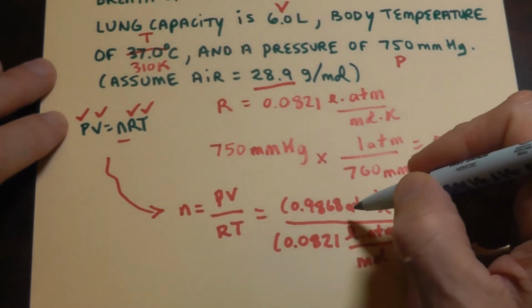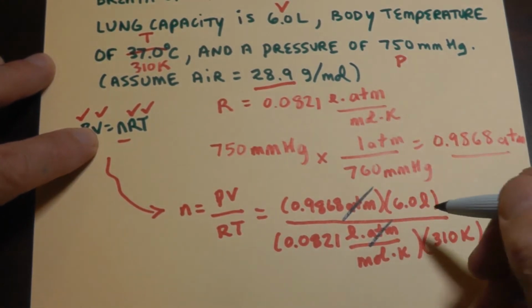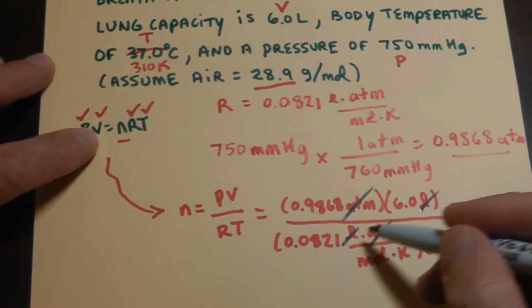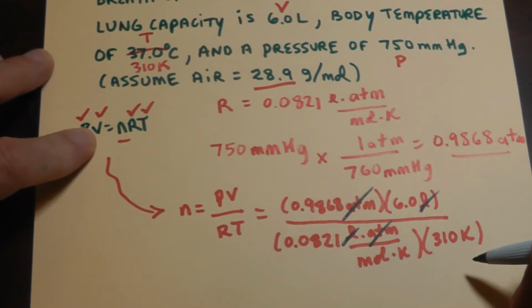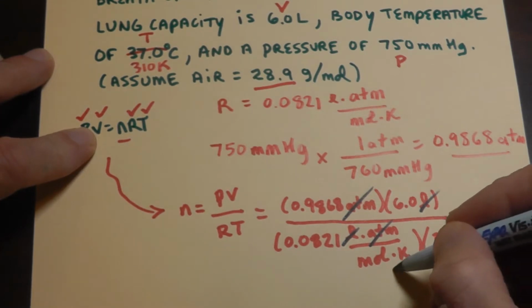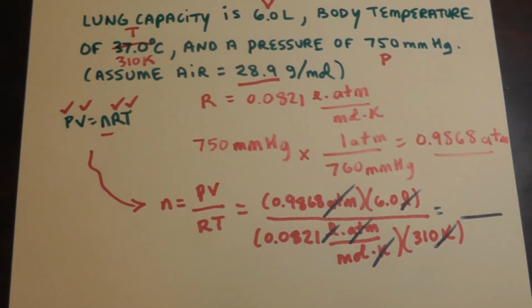Let's check ourselves before we wreck ourselves. Bang. Atmospheres cancel. Liters cancel, because liters in the numerator, liters in the denominator. And my units of Kelvin, although they're in the denominator, cancel. I get 1 over moles, which is moles.